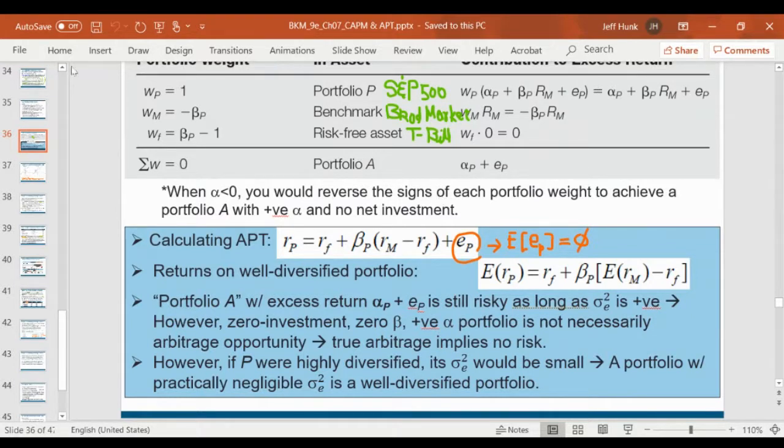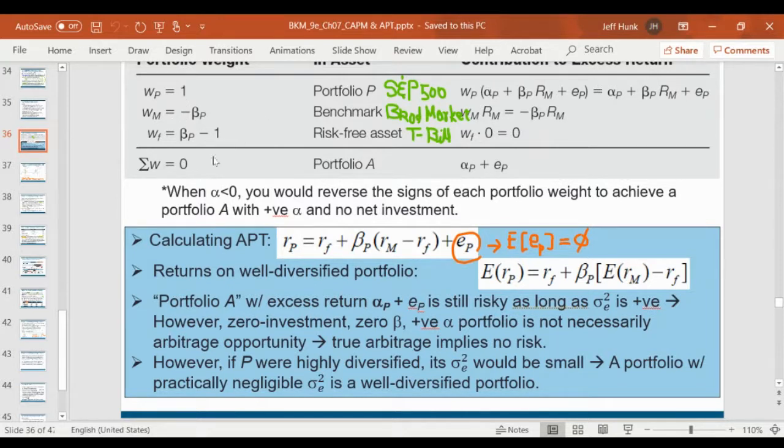And so the factor loading, for example, if beta is 0.95, the risk-free T-bill will be 0.05.